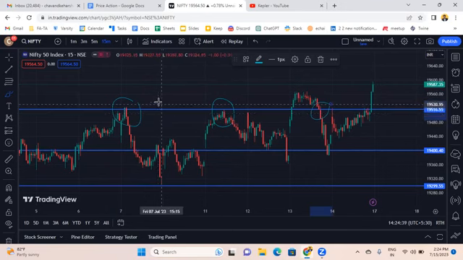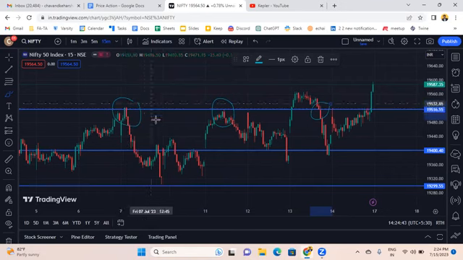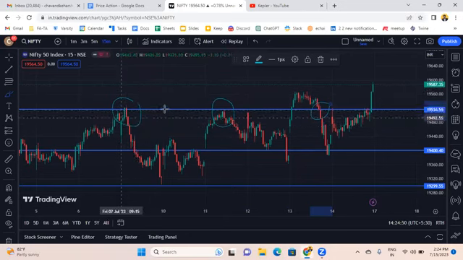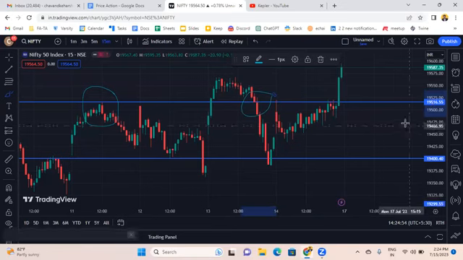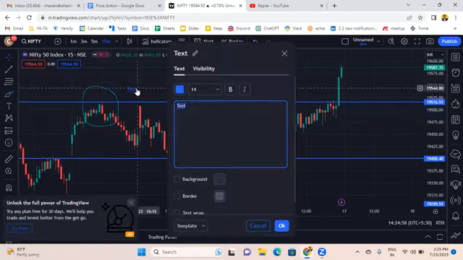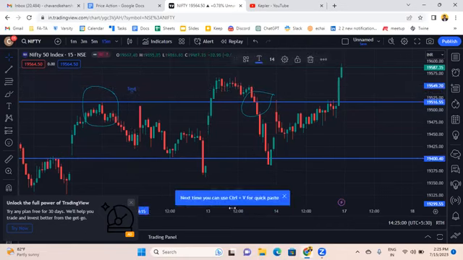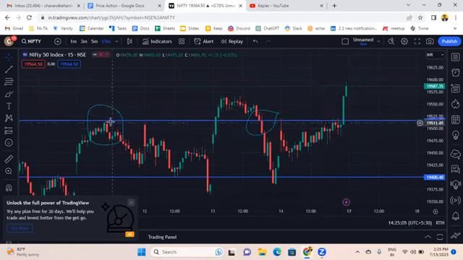Now, as per the rule, if resistance has been respected multiple times, like three times in a row, then there is a high probability this resistance will become a support. And see, this is yesterday's trading session.